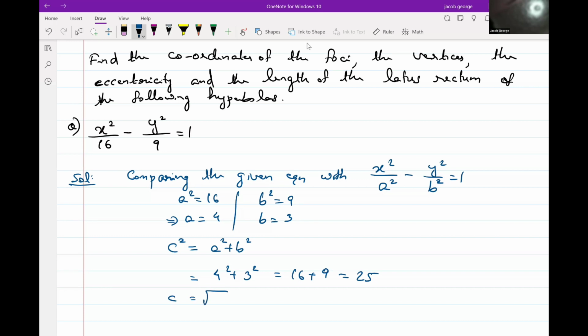C is equal to root of 25, that is equal to 5. Clear?